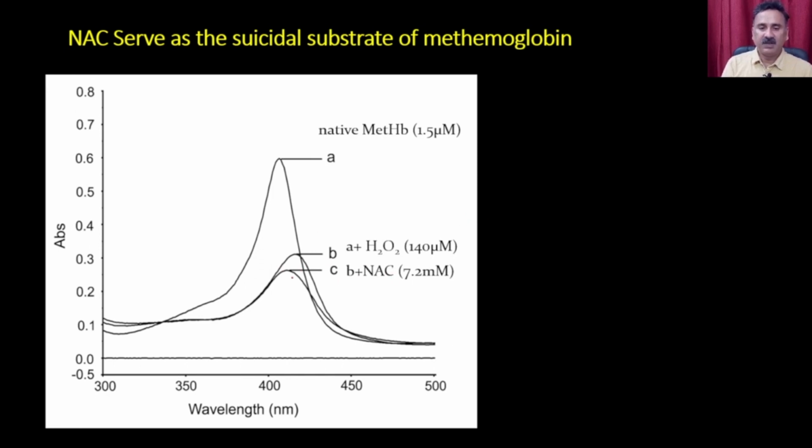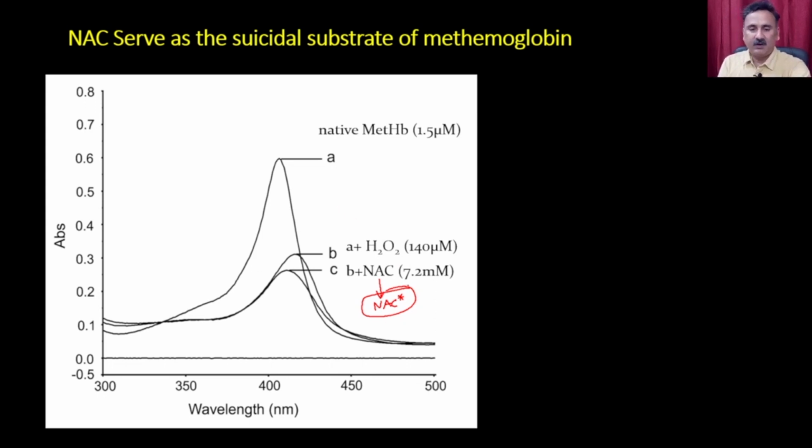It is being processed, and that is how the modified NAC becomes the culprit responsible for the blockage. That's why this did not happen when we added the substrate, because the enzyme will process the substrate rather than the inhibitor.